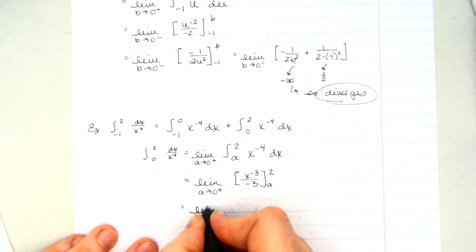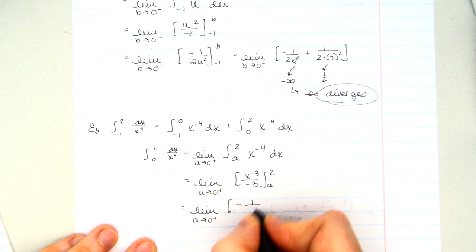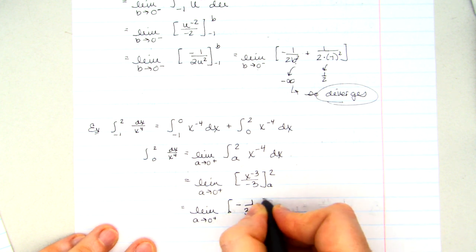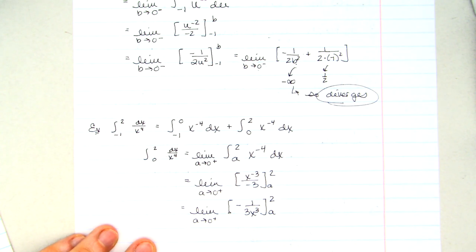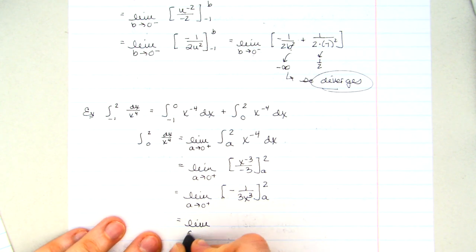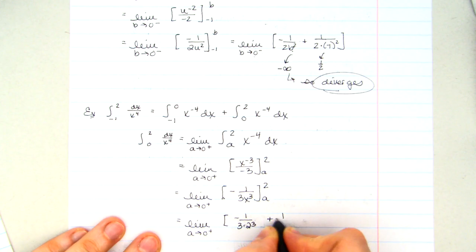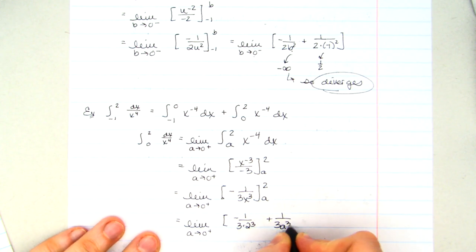Clean that up again. Limit as a approaches 0 from the right of negative 1 over 3x cubed from a to 2. That is the limit as a approaches 0 from the right of negative 1 over 3 times 2 cubed plus 1 over 3a cubed.